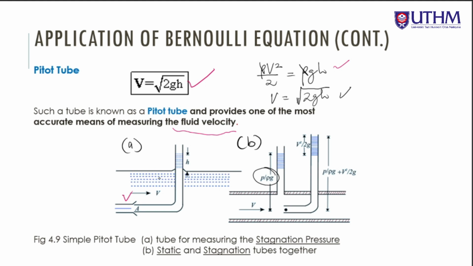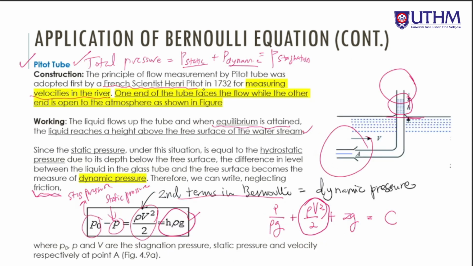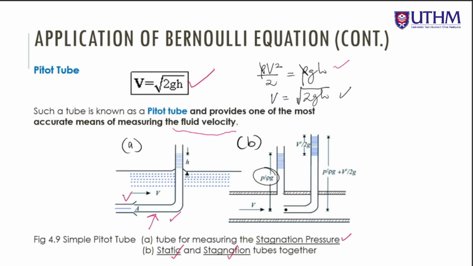So this figure A is actually a tube for measuring the stagnation pressure. Okay, for measuring the stagnation pressure kita guna this pitot tube, and in order to calculate total pressure, in which is the static pressure plus the stagnation pressure macam saya mention dekat sini, total pressure dia, kita kena guna both.